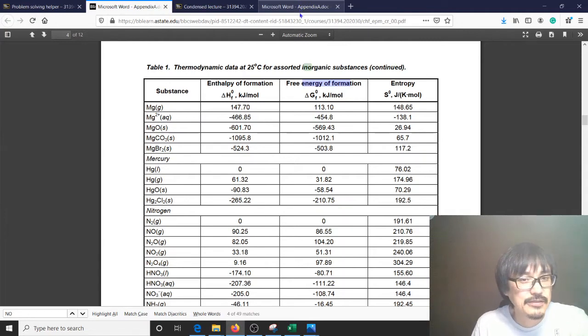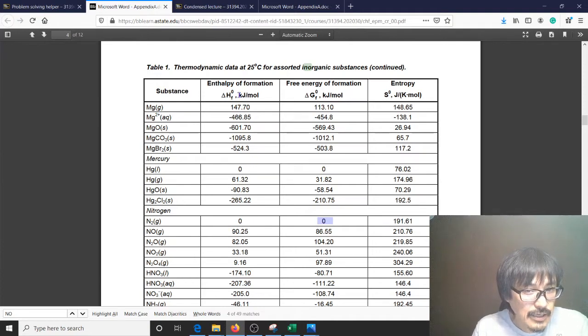So let's just try to get the information. I already got the information for you guys, but let me just try to see. The enthalpy of formation of nitrogen is that one, and then the entropy of nitrogen is this one. Remember that I don't have access to this one right here.